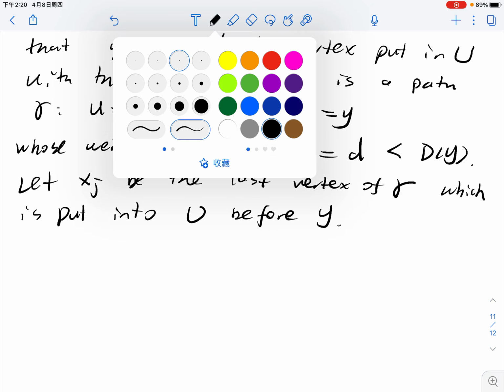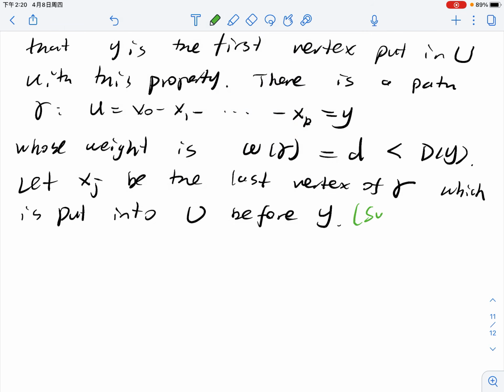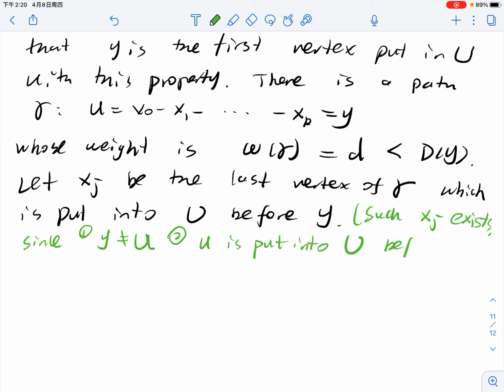I should remark that such x_j exists, since first y is different from u, because d_u is 0, so it's always true. And secondly, u is put into U before y.